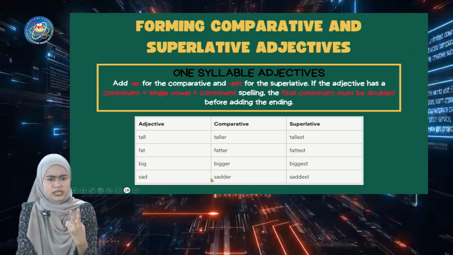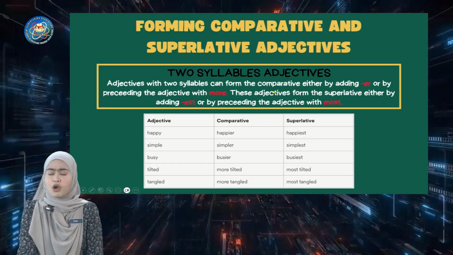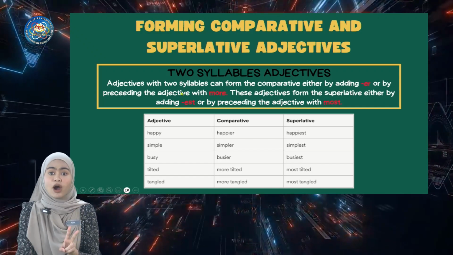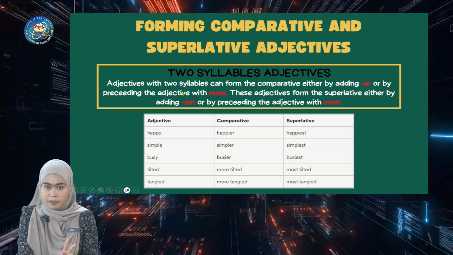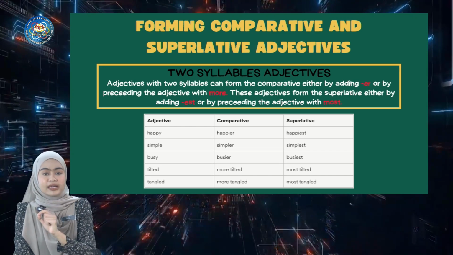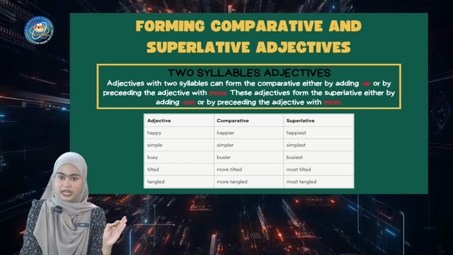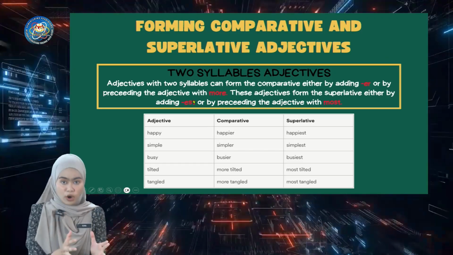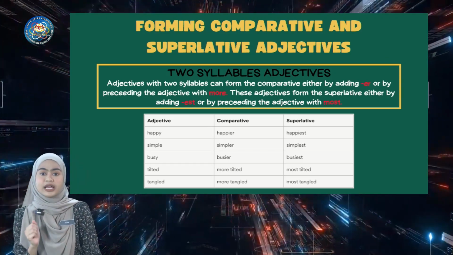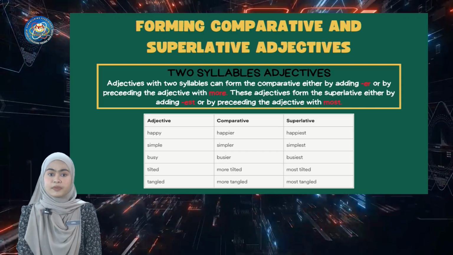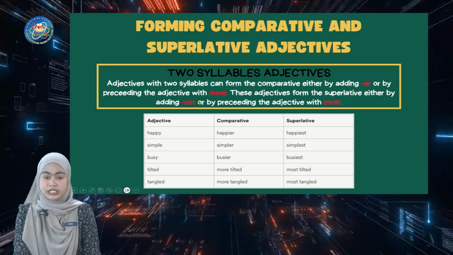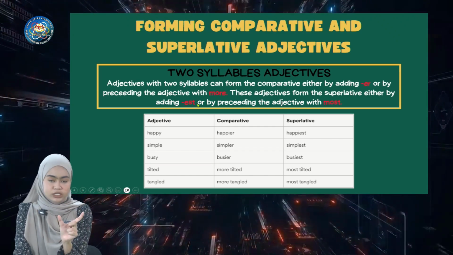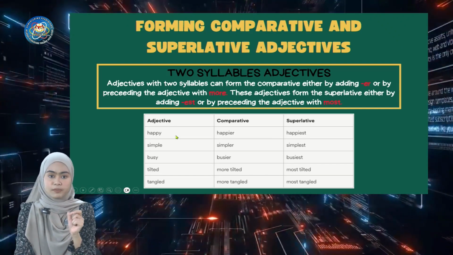How about two syllable adjectives? Adjectives with two syllables can form the comparative either by adding ER, the same as one syllable adjectives, or by preceding the adjective with more. They form the superlative either by adding EST or by preceding the adjective with the word most. Here we can see the example below.